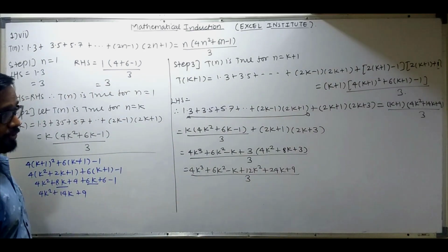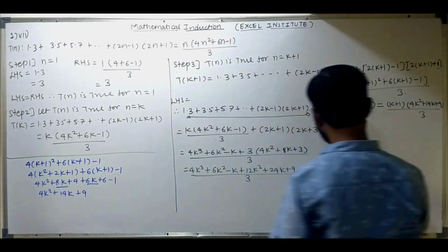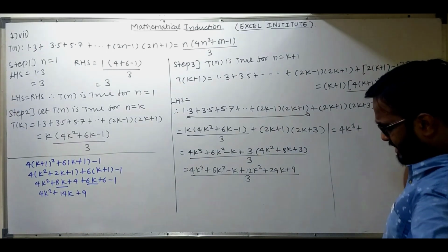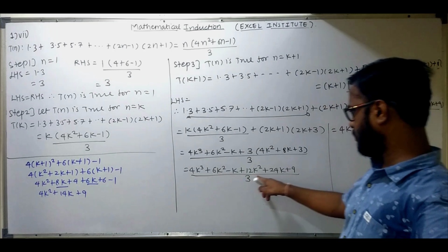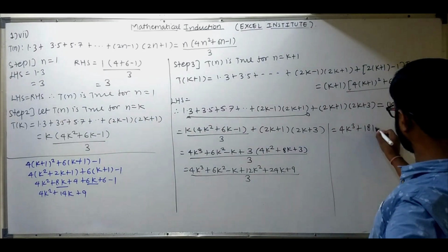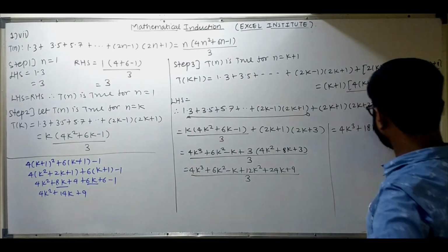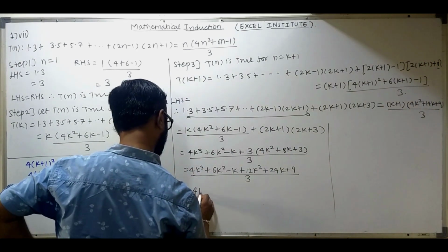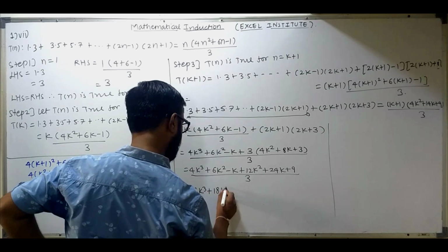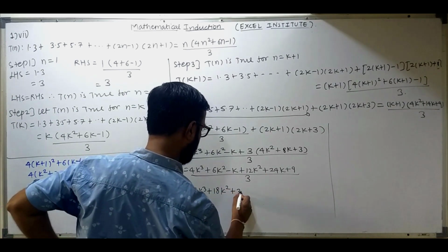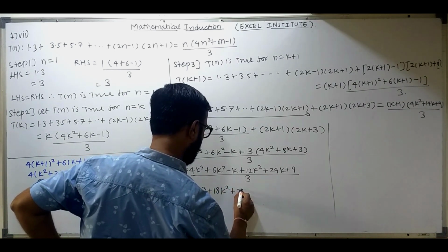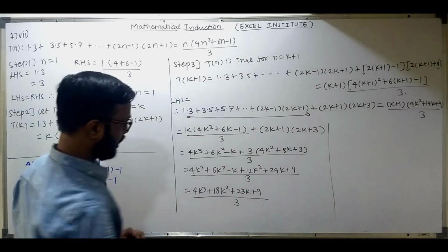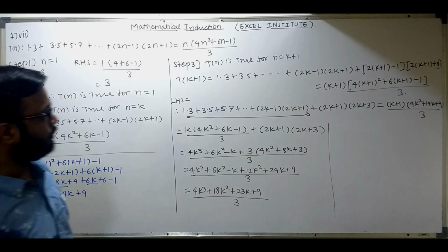So if you simplify this, 4k cube plus 6k square plus 12k square, that is 18k square, plus 23k. Okay, we got this.